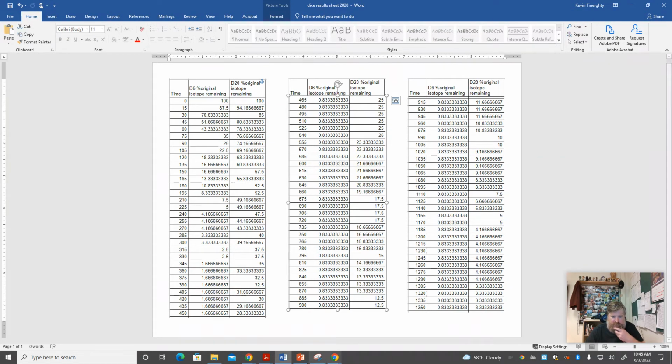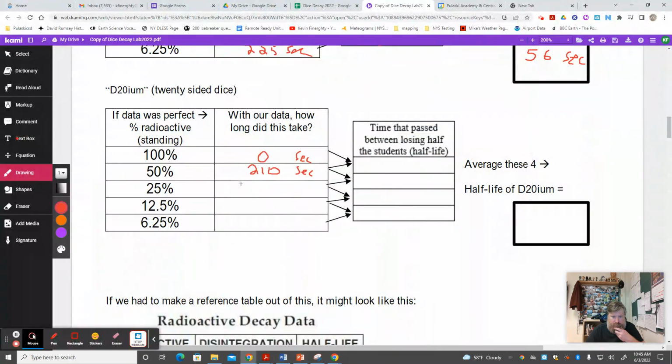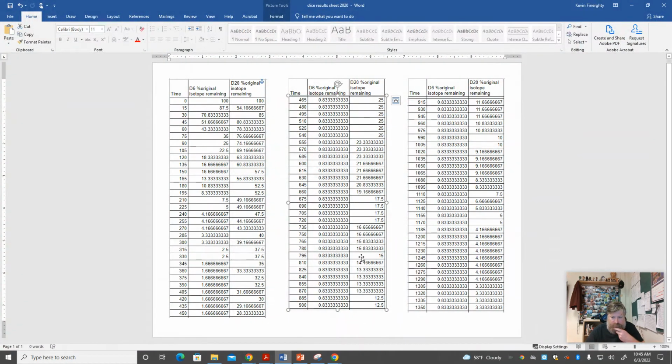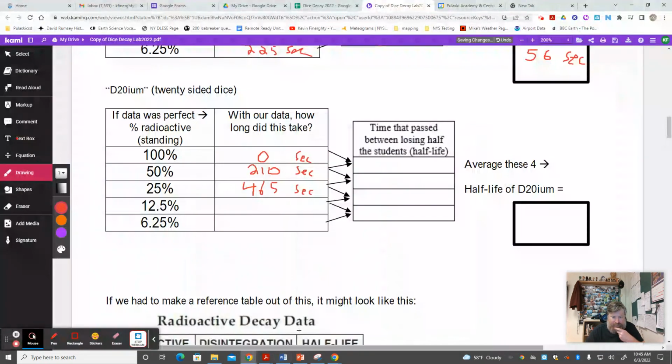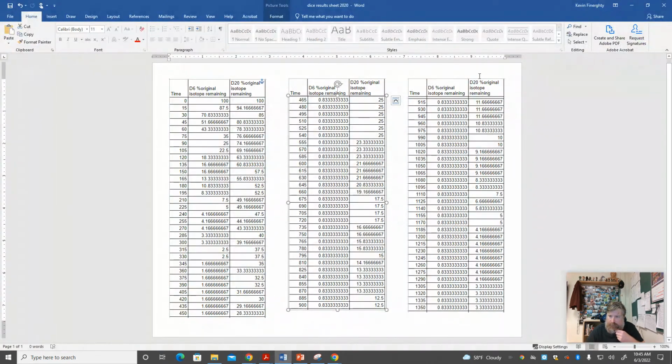Looks like right there at 465. When did we get to 12.5? There at 885. And when do we get to 6.25? Right about there at 1140.